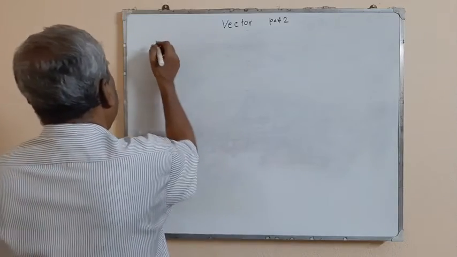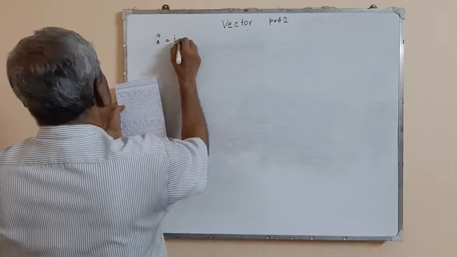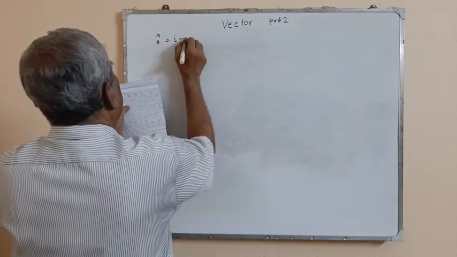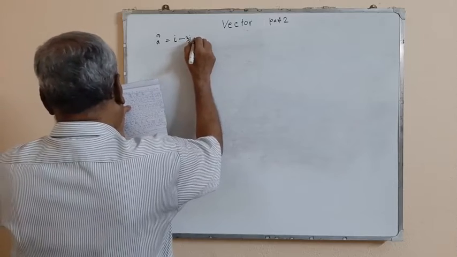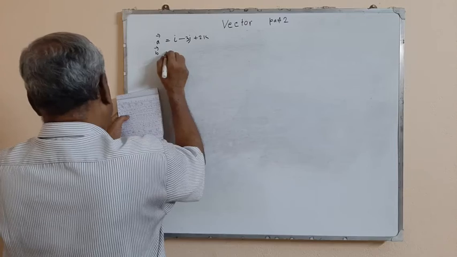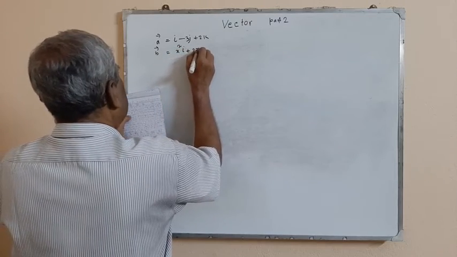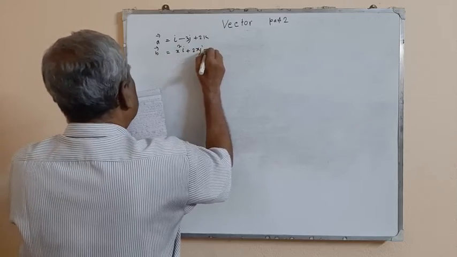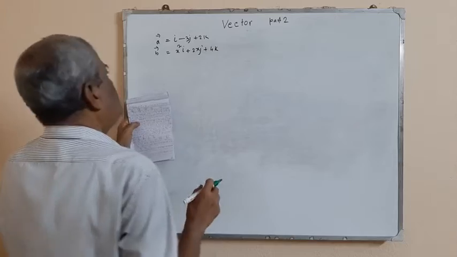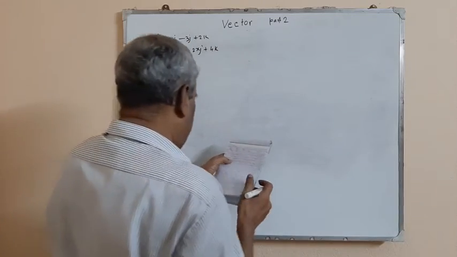If the angle between A, i minus 3j plus 2k, and B, x square i plus 2xj plus 4k, is obtuse, meaning the angle between A and B is obtuse, it is given.